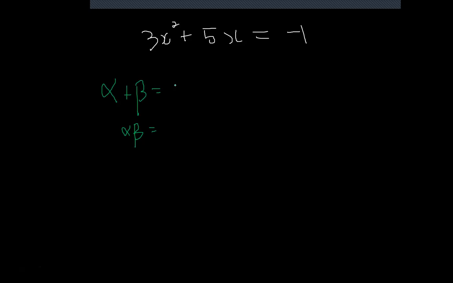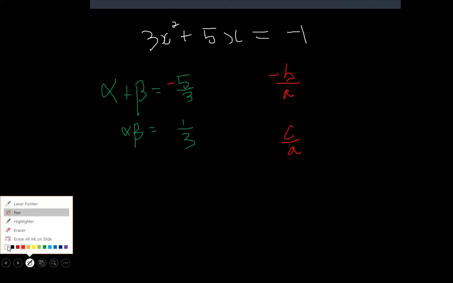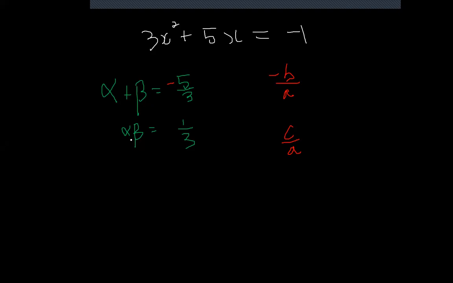So that will be equal to 5 over 3. And then after it will have 1 over 3. Everybody agrees with this? Not with the first one. Supposed to be negative 5 over 3. Yep. Be careful. So it's negative B over A, C over A. B in this case is equal to 5. So negative B is minus 5.